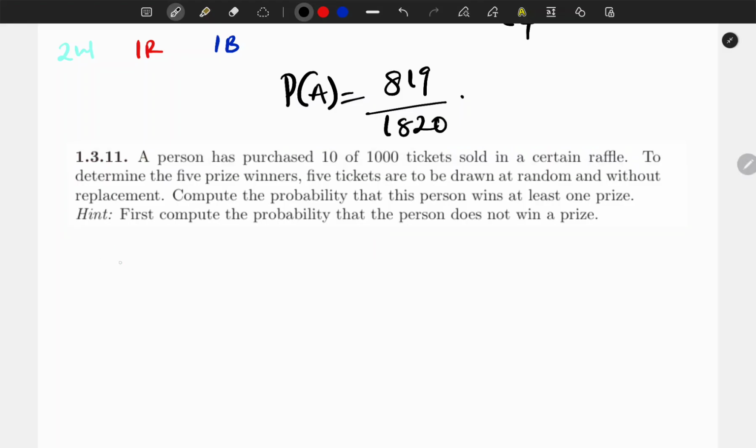Since we have 1,000 tickets, out of these 1,000 tickets you want to draw 5 to determine the 5 prize winners.